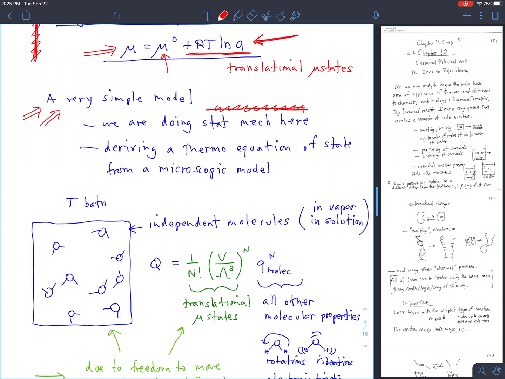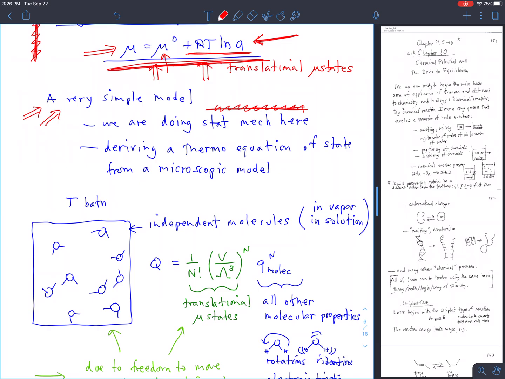But I do want to show a little bit for two reasons. First, so you can see how statistical mechanics works, how you can use StatMech to get important thermodynamic relationships like this one up here. There's really no thermodynamic relationship for chemists that's more important than this one. Almost all of chemistry, as we know it, comes from this equation of state.